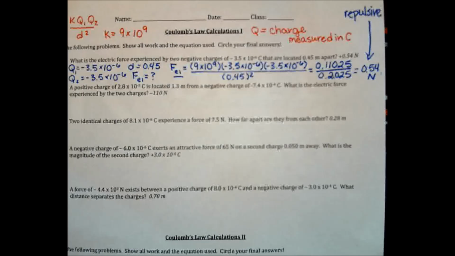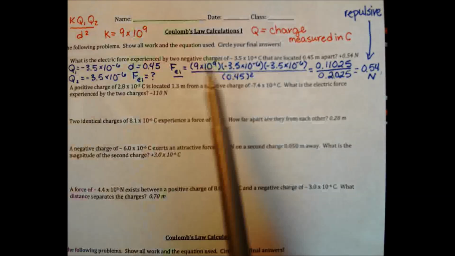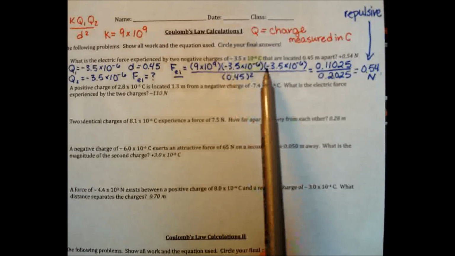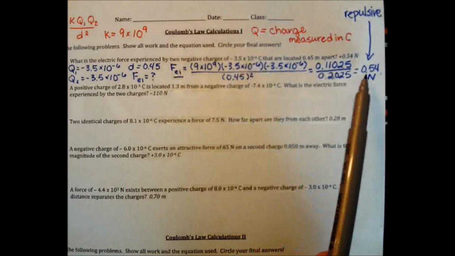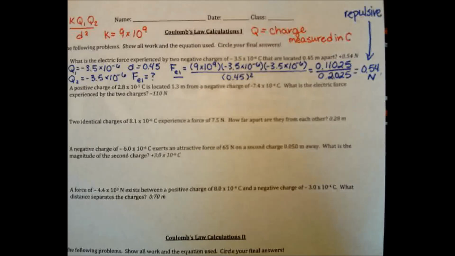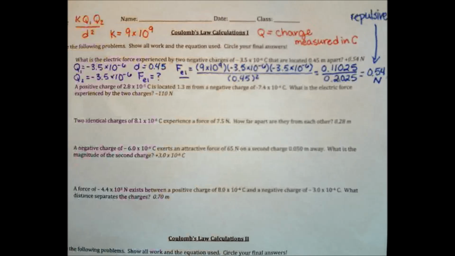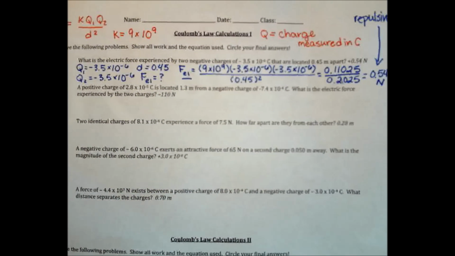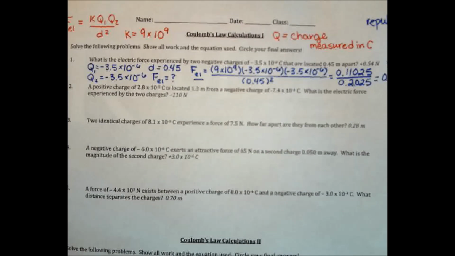We talked about that at the beginning. It doesn't make a whole lot of sense until you actually think about it: a negative times a negative, which is going to repel, gives you a positive. A positive times a positive, which will repel, gives you a positive. Whereas this next one we'll look at is different.